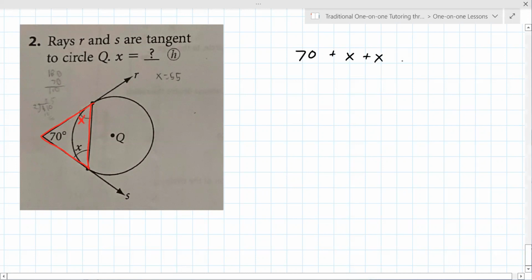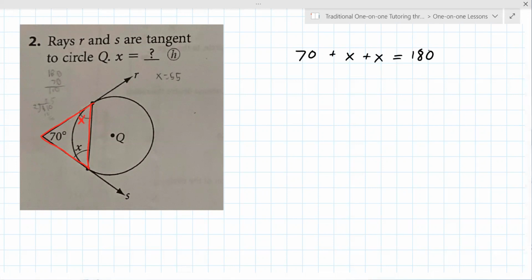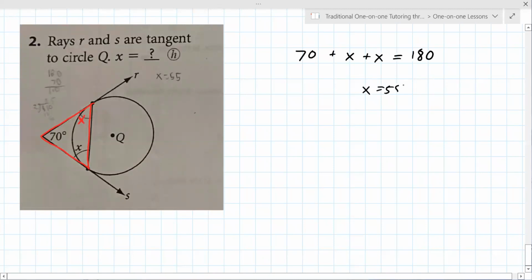This one is drawn reasonably well so that you can assume that, but be careful. 70 plus x equals 180. So I guess you'd have to say that x is 55.